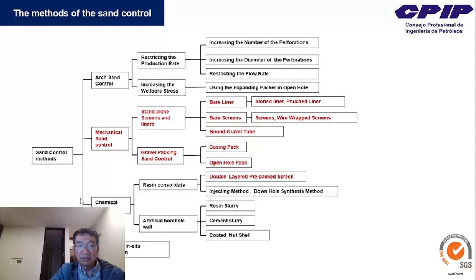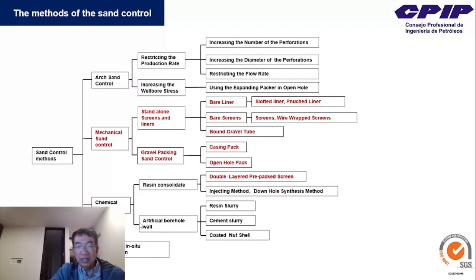The third method is chemical sand control. The first one is resin consolidation. It has double layer pre-packed screen and the injection method downhole synthesis method.